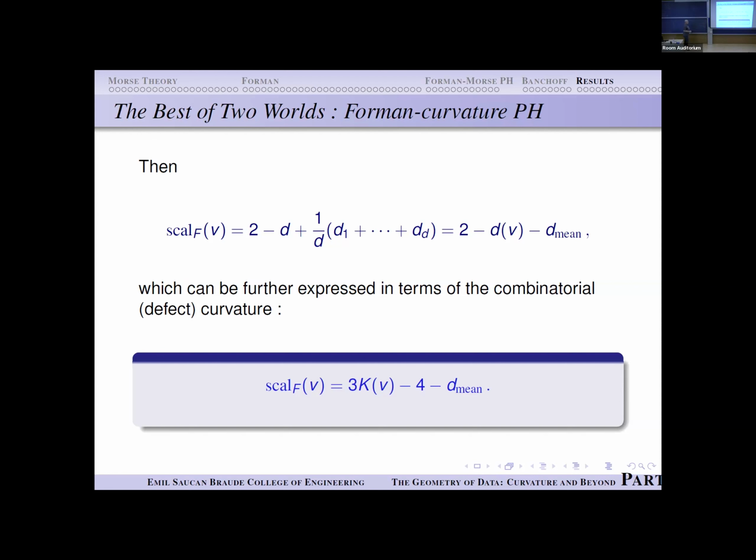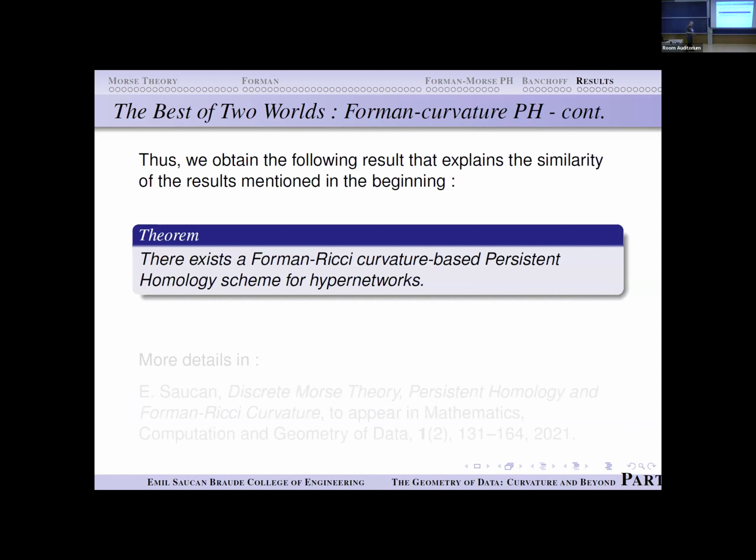But when I see combinatorial curvature, what do I think of automatically by now, or should I think of? Banchoff, of course, Banchoff Morse theory. So here I can do by now classical Forman Morse. Here I have Banchoff, so this is a connection, and it works very nicely because we have the following.